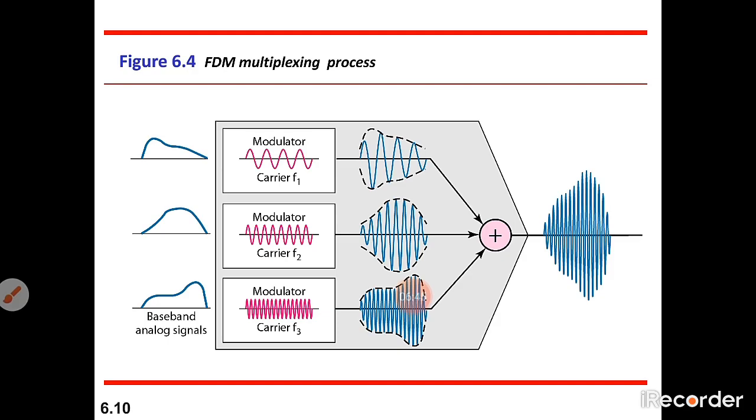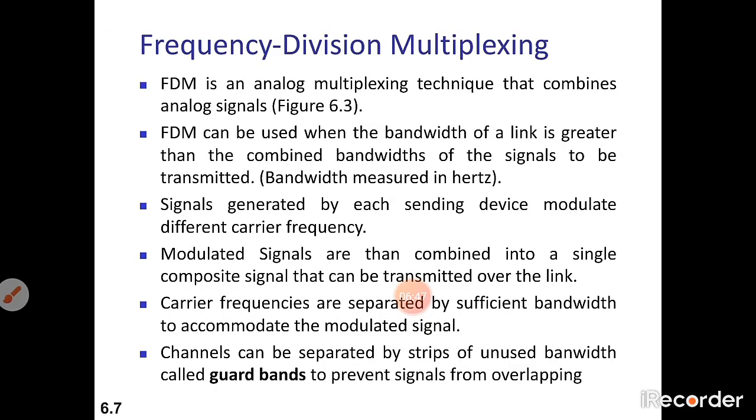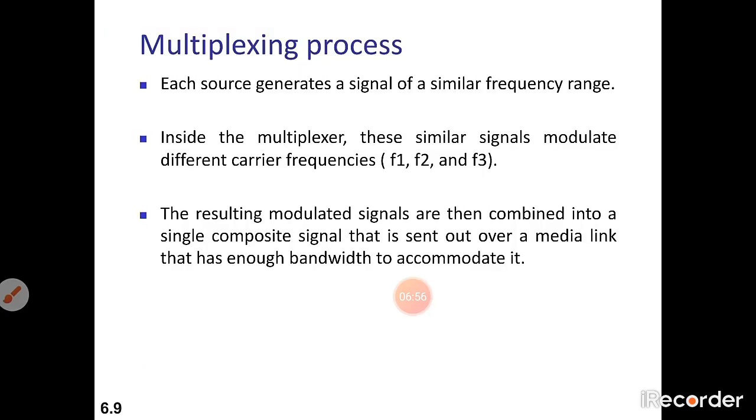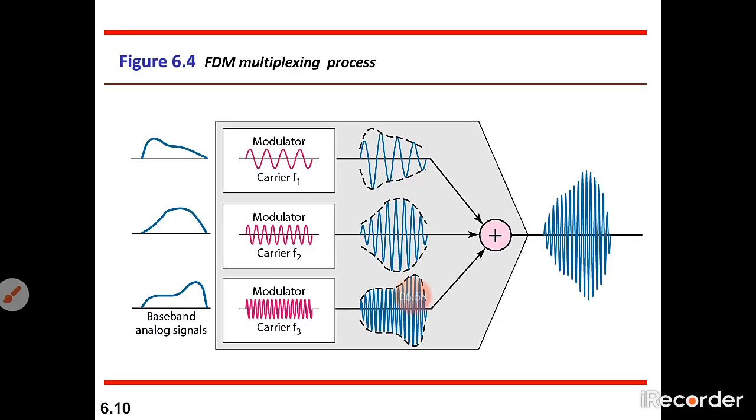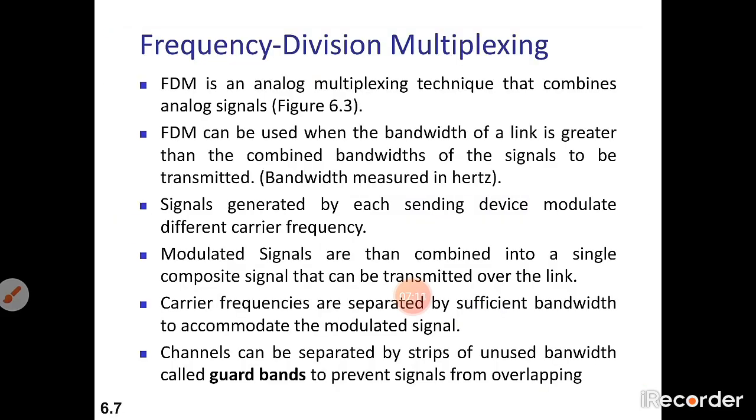After that, the modulated signals are combined into one single composite signal that can be transmitted over the link. All these modulated signals we combine into one composite signal; the plus sign indicates the combining that creates the composite signal as output. The carrier frequencies are separated by sufficient bandwidth to accommodate the modulated signals.